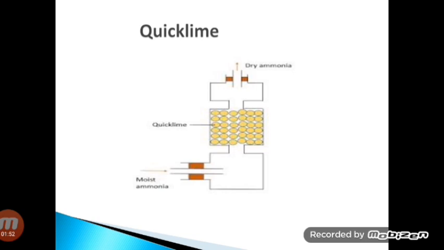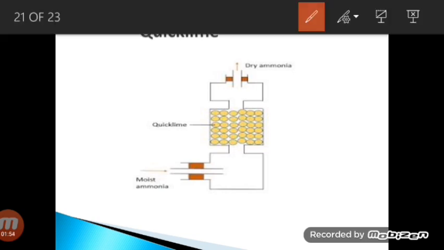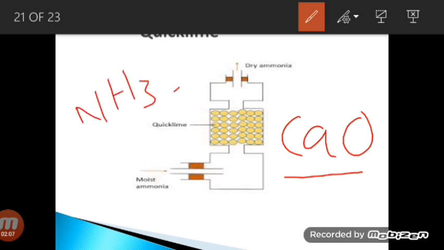Next is quicklime. Quicklime is also called calcium oxide. This is the formula of calcium oxide. It is used to dry ammonia. Always remember, ammonia gas will be dried with the help of this setup. Why will it be dried with calcium oxide?